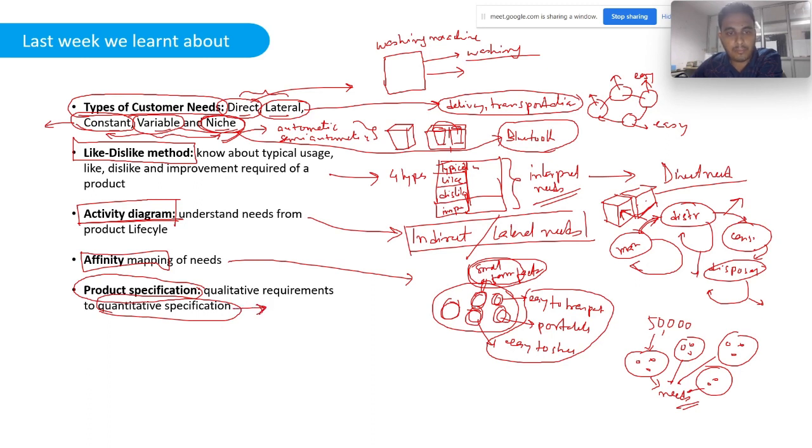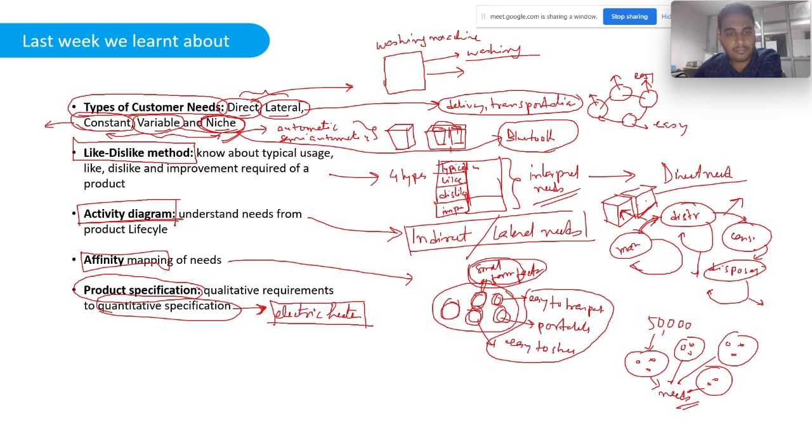Can you give an example? So, for example, if I take an electric heater, the specification will be the range in which it provides sufficient heat, and the operating voltage for it.